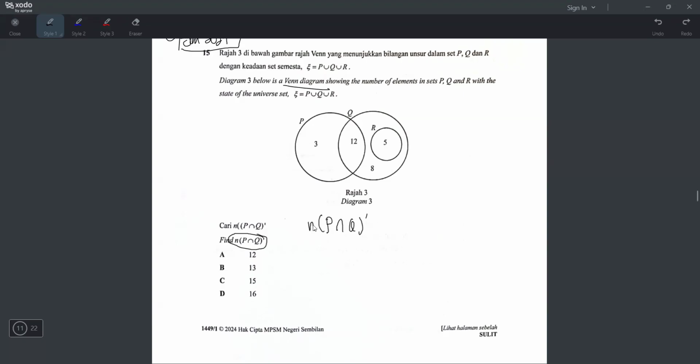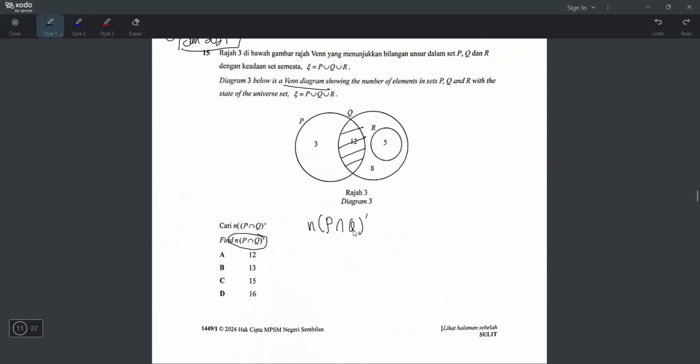Now we can try to find n of P intersect Q bracket complement. N means number of elements. First, we need to determine which region is P intersect Q bracket complement. P intersect Q will be this region here, because this is P and this is Q, so the overlap part, the intersection, is this.